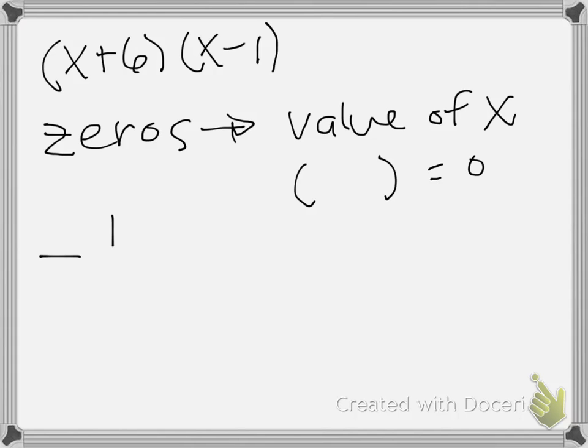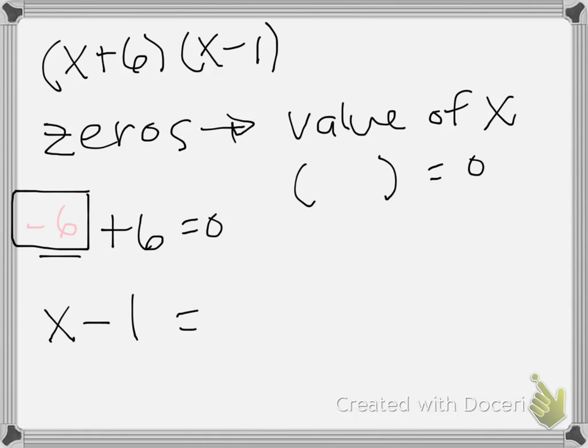What number plus 6 equals 0? I hope that you guessed negative 6. So our first zero is negative 6. Our second one is what number minus 1 equals 0?